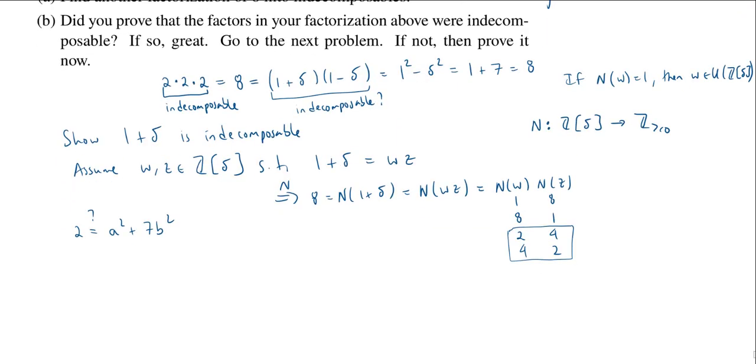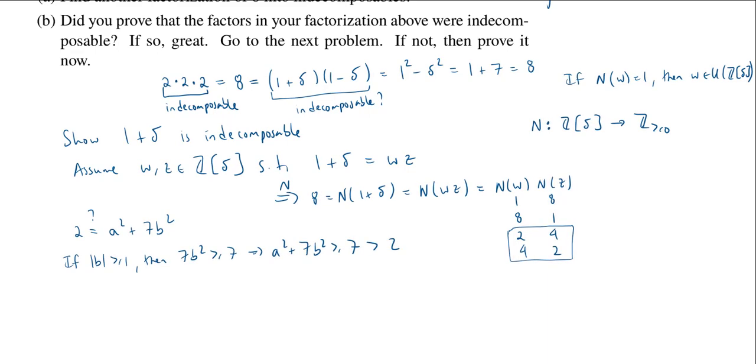Well, let's see here. So first, this 7b squared gets big really quickly, right? If b has absolute value at least 1, then b squared will be at least 1, and so 7b squared will be at least 7. Which of course would imply that a squared plus 7b squared would also be at least 7, which is greater than 2.